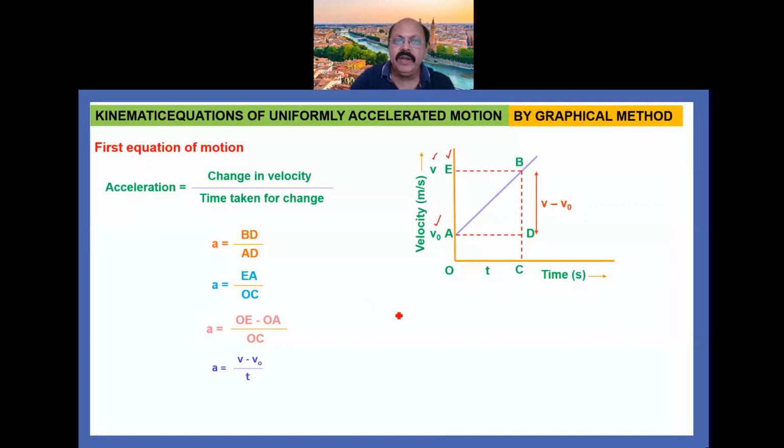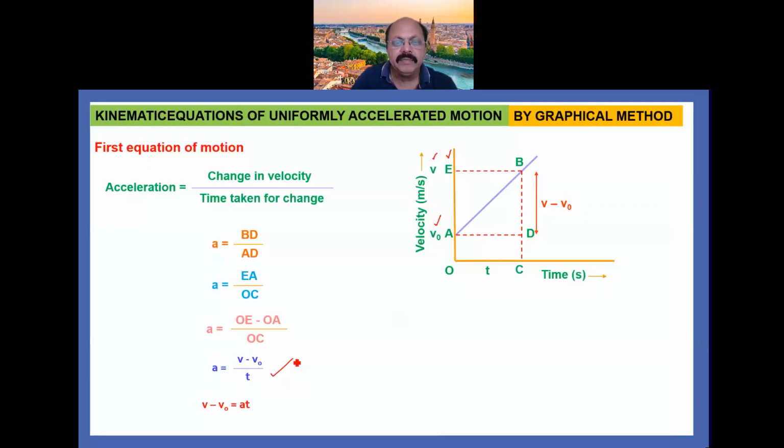Now substitute the values: in place of OE, V; in place of OA, V naught; in place of OC, T. So the equation becomes A equal to V minus V naught upon T. Cross multiply it, then it becomes V minus V naught equal to AT.